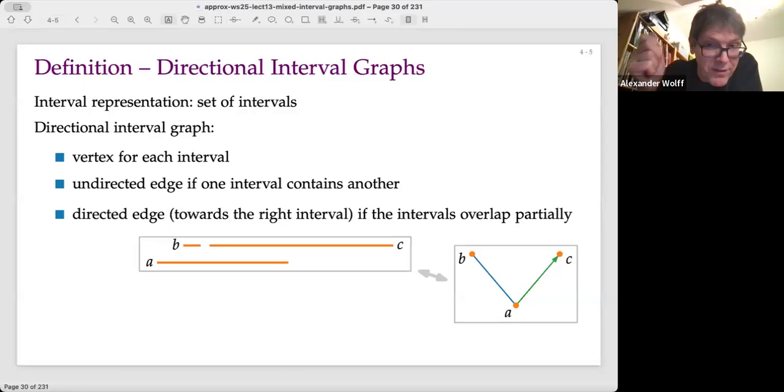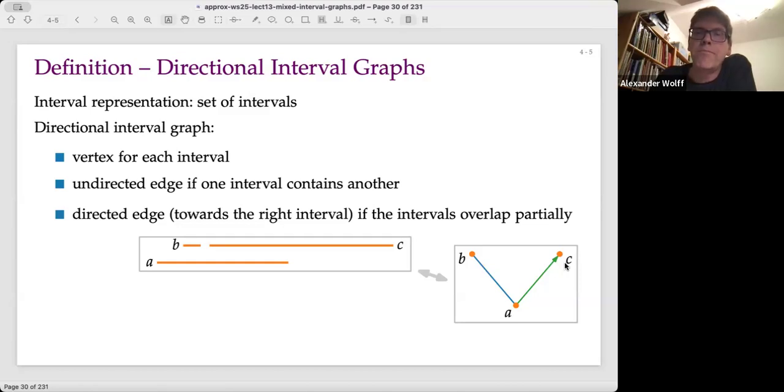But to express this vertical constraint for my graph drawing problem, I introduce a directed edge from A to C if A is overlapping C and A is on the left of C. So from the left interval, I put a directed arc to the right interval in case of overlap.